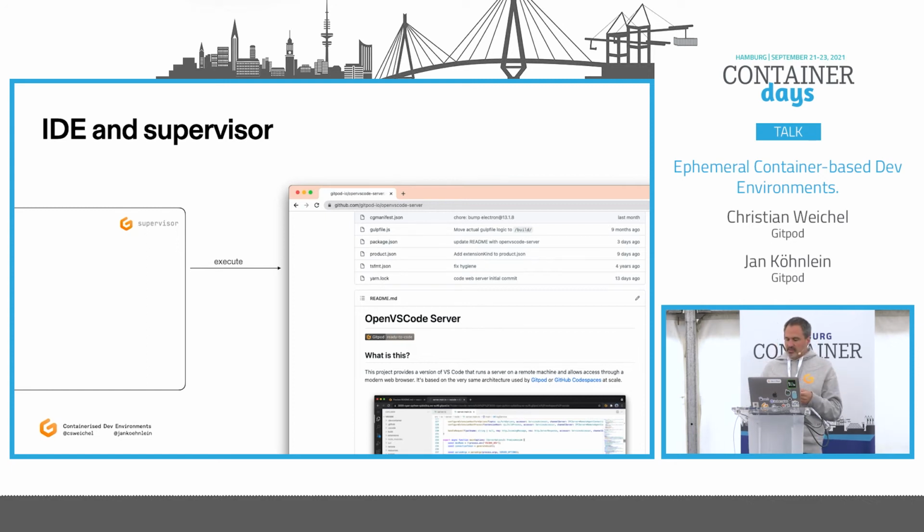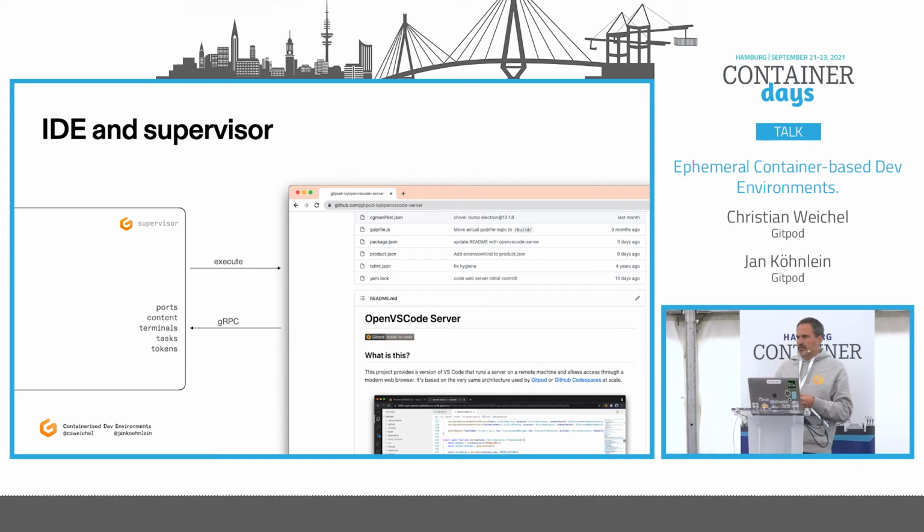Once that's executing, this server is connecting back to supervisor, and supervisor offers all the services from within the workspace, like ports. If you open a port, it's detected, and you can forward it to the outside.